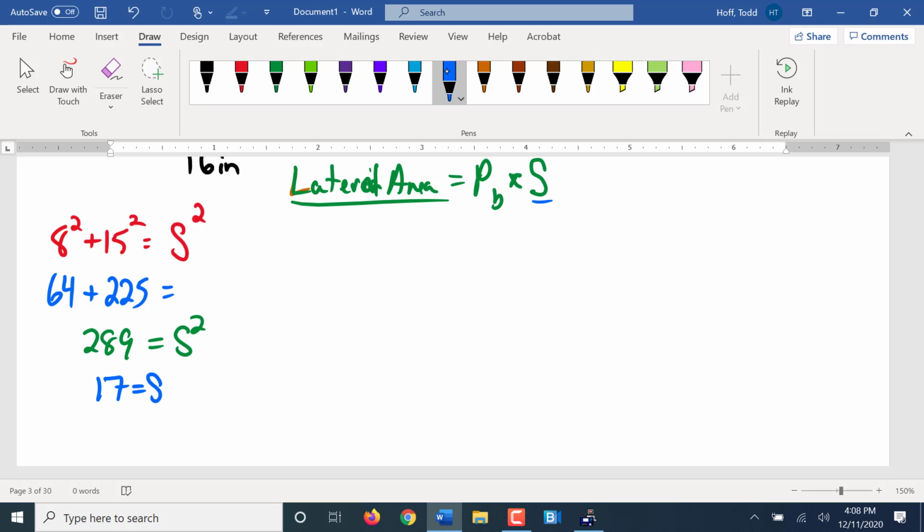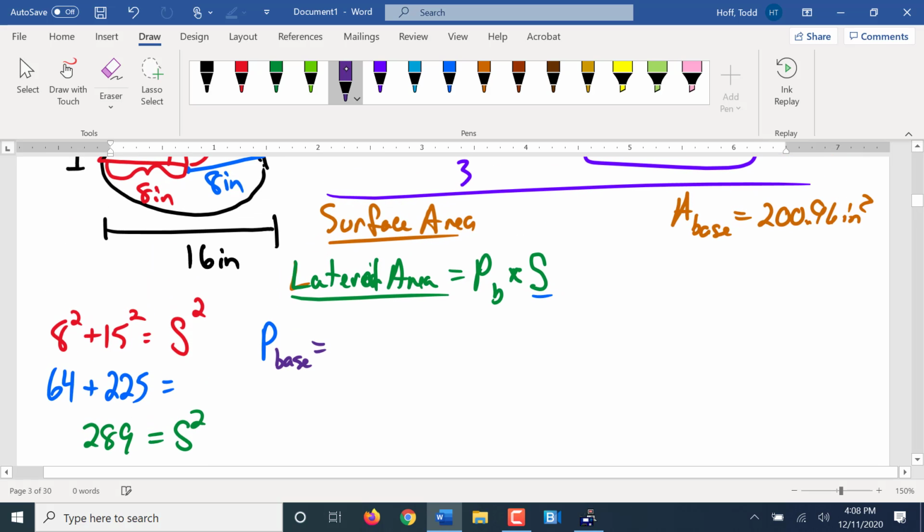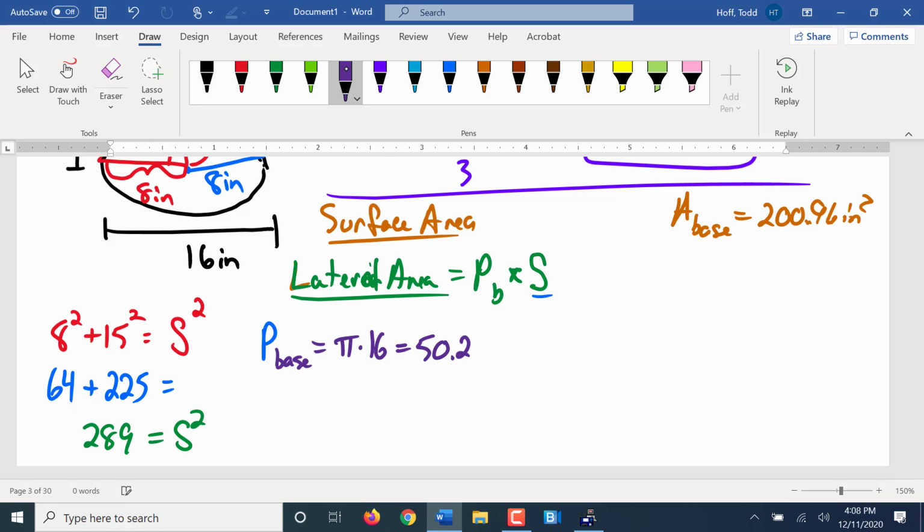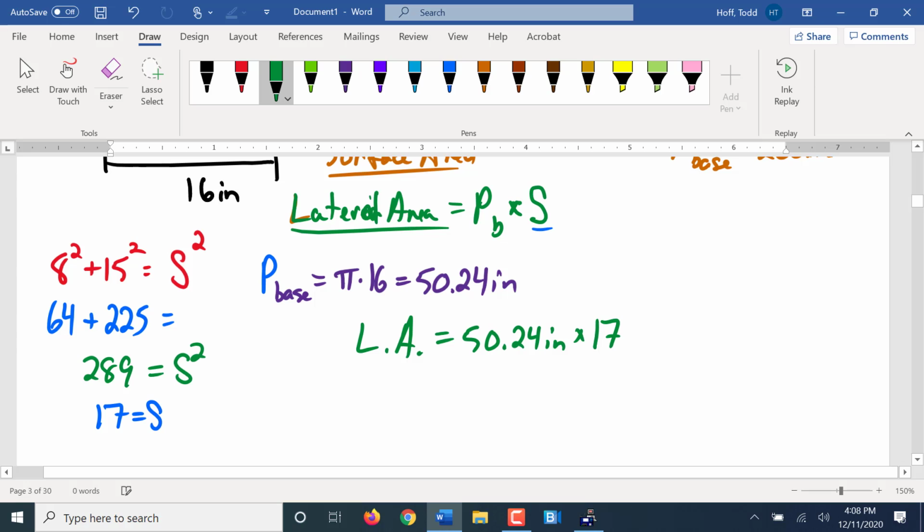We have that. The perimeter of the base. How'd you get that? Pi times our diameter of 16 is 50.24. So our lateral area is the perimeter of the base times the slant of 17, and what else?